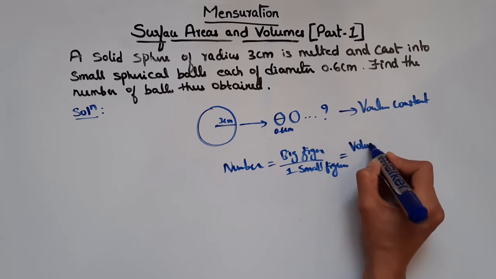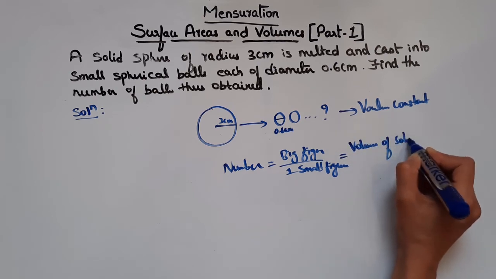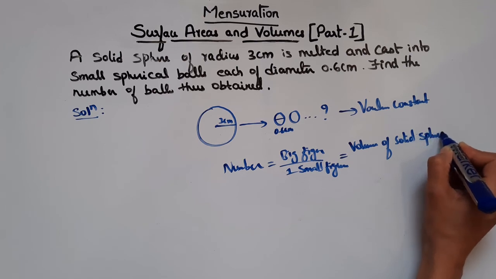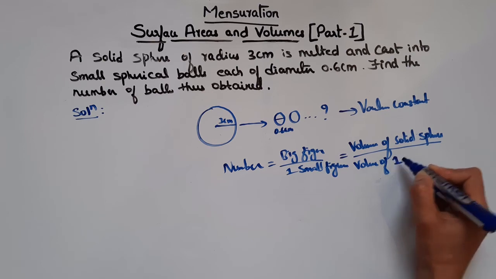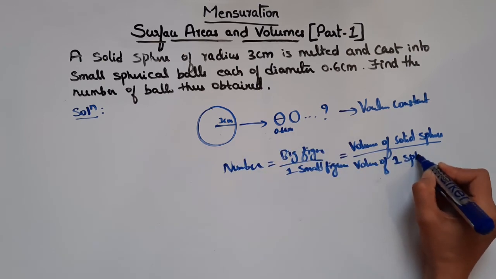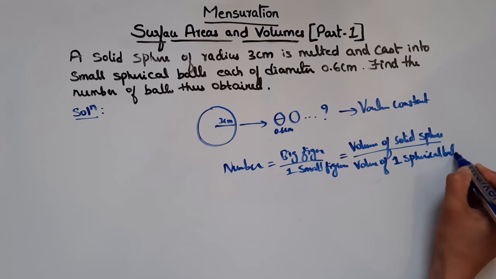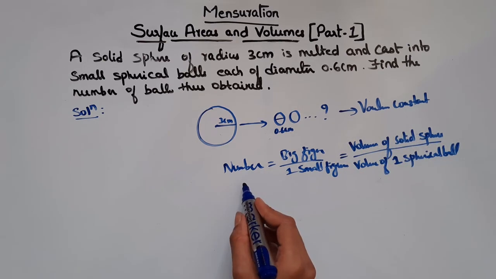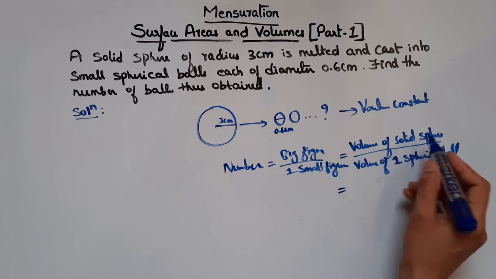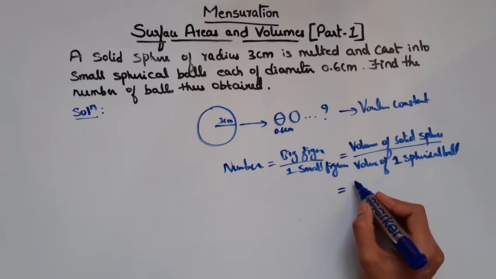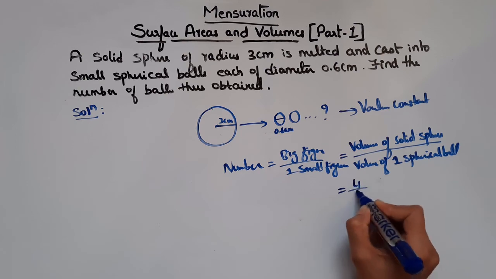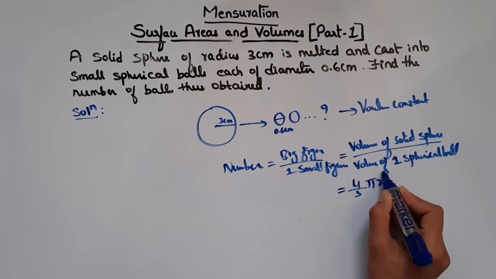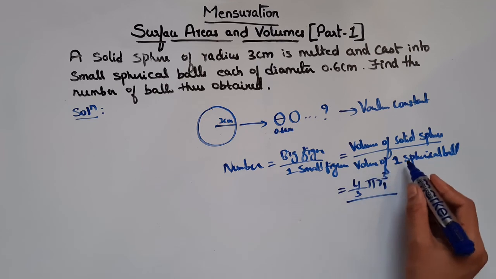So volume of solid sphere by volume of one spherical ball will give you the number of balls obtained. Now what is the volume of the solid sphere? We know the volume of a sphere is given by 4 by 3 pi r cube. So let's take r1 as the radius of this solid sphere. So 4 by 3 pi r1 cube by volume of one spherical ball.